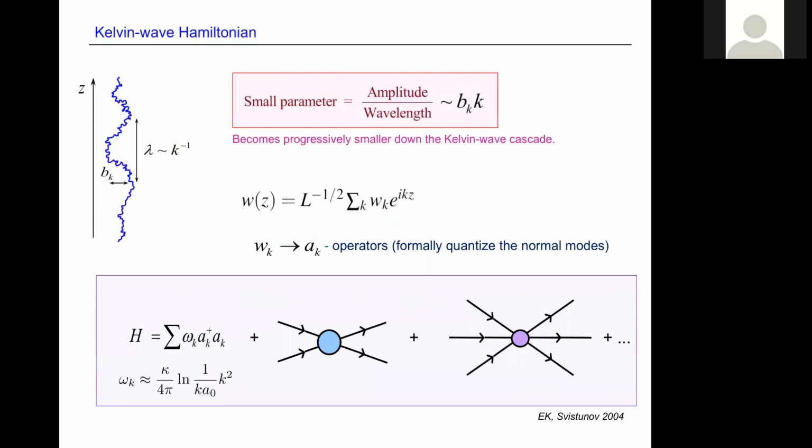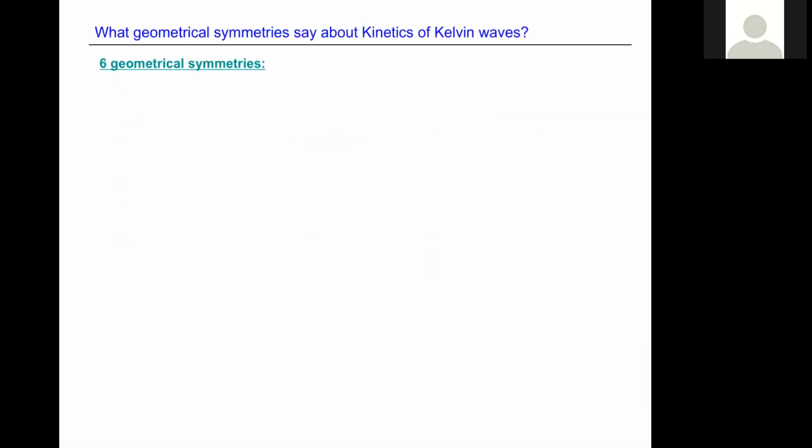So we need to consider the nonlinear interaction between Kelvin waves, and it's quite interesting because most of this problem can be solved purely on symmetry grounds and selection rules, except for just one point that you actually need to do computations for.